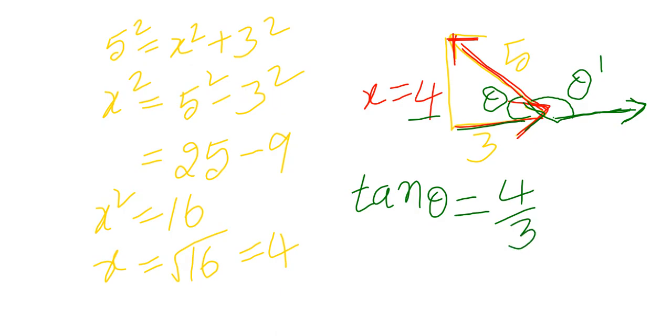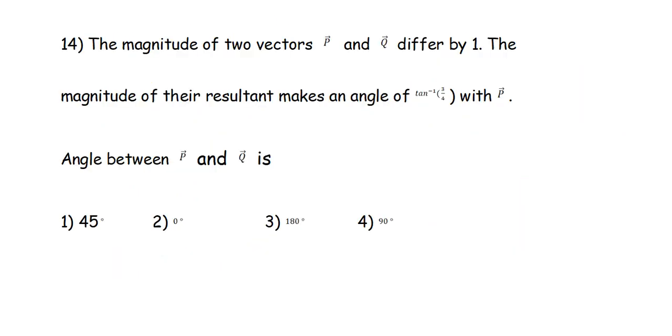That is, tan theta is equal to 4 by 3, that is 1.33.